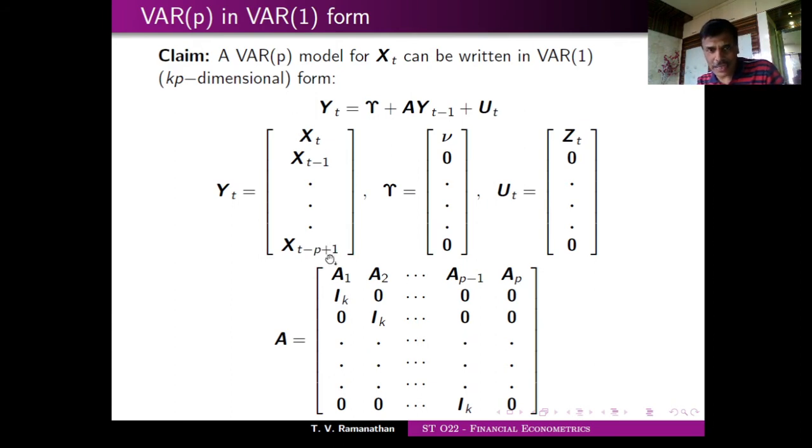So I will get exactly the same thing. So I will be able to write the first line of that as x_t equal to A1 x_{t-1} plus A2 x_{t-2}, etc., A_p x_{t-p}, plus nu, because this has nu here, so nu plus z_t, so that will constitute it, and the rest of them are all 0.